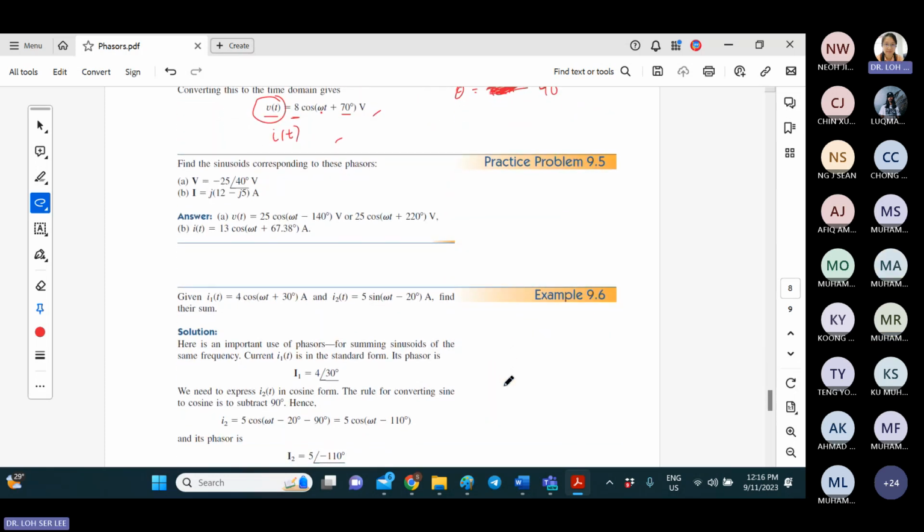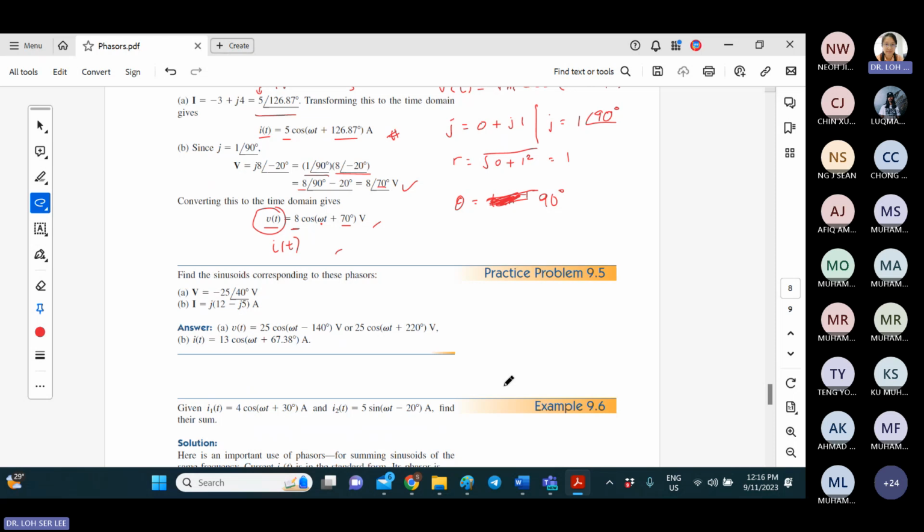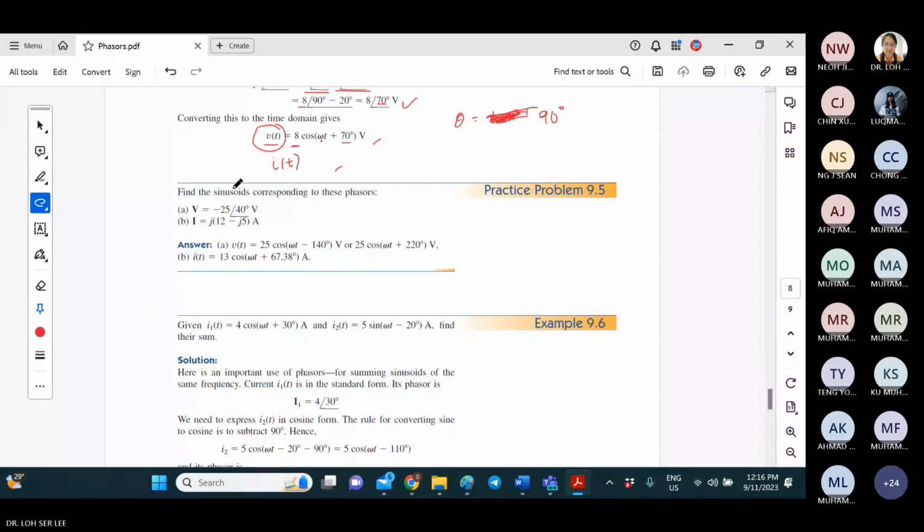Okay, now we look at this exercise. You are given the one in phasor forms. We want to find for the sinusoid in time domain.